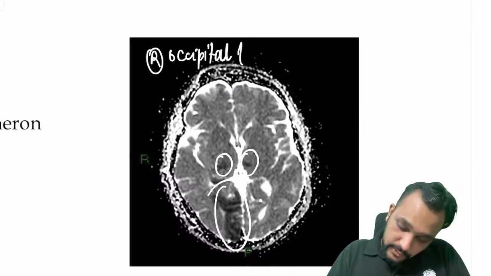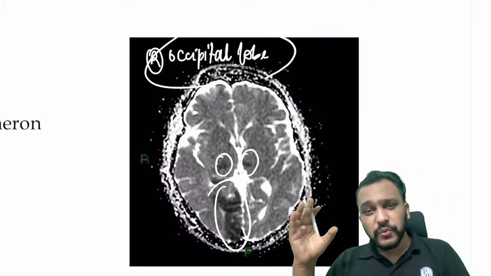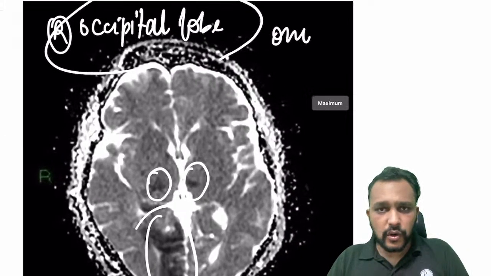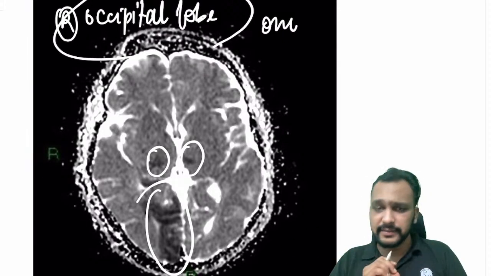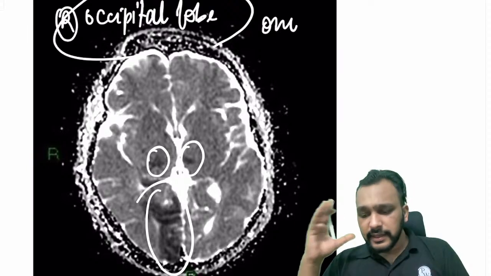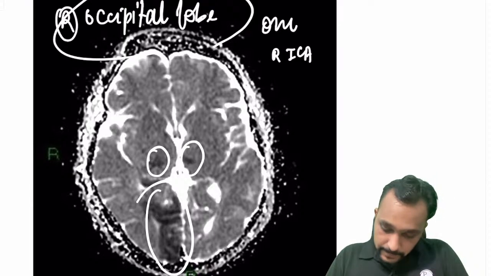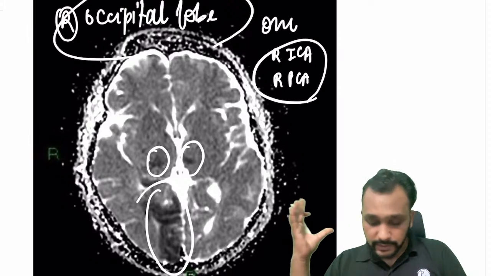If you have some idea about the circle of Willis, you will see that one side of the brain is always supplied by the arteries on that side. So if I talk about the right cerebral cortex, it will be supplied by the right ICA and the right PCA, right? The left has nothing to do with it.